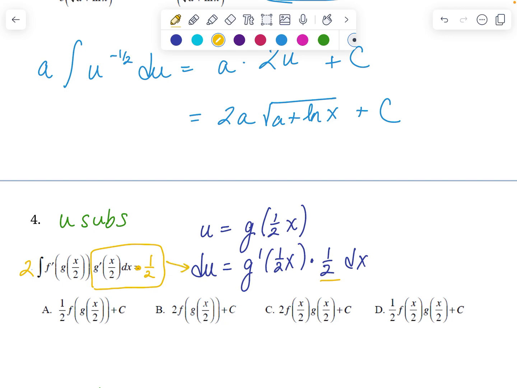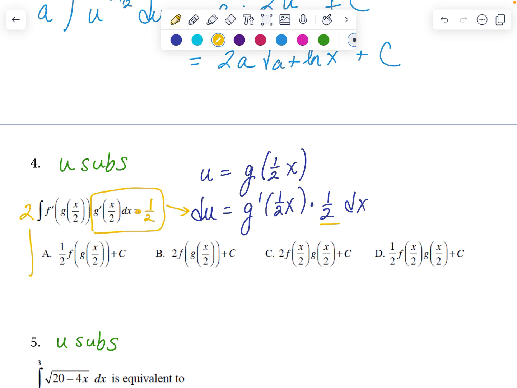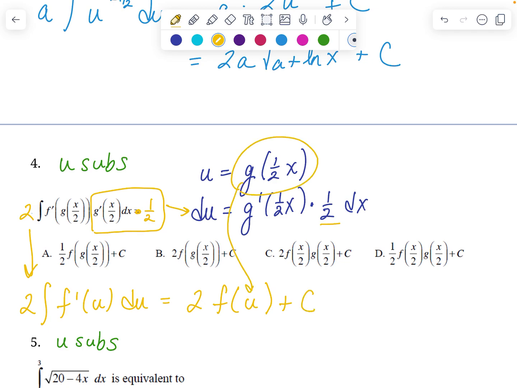So really what I have is 2 times the integral of f prime of u du, and that is not hard. So this is just 2 f of u plus c, and then I put this back in, and that, my friends, is option B.